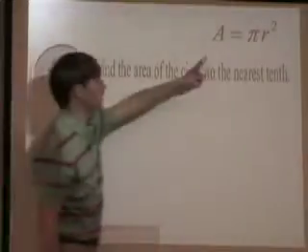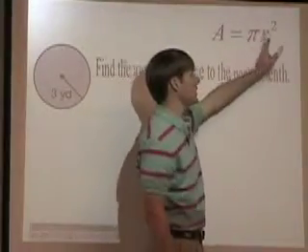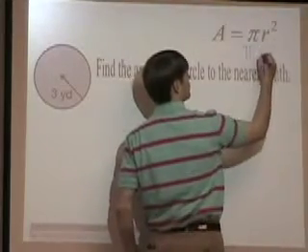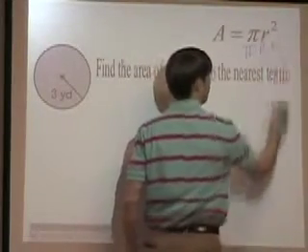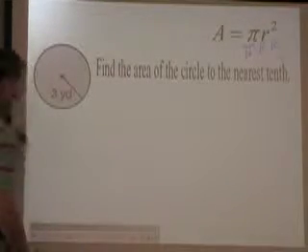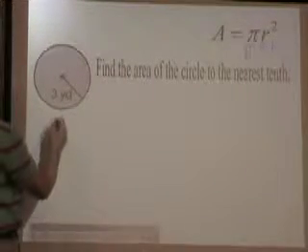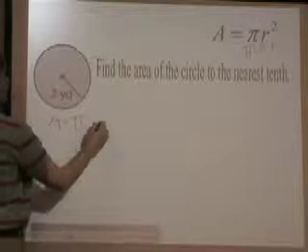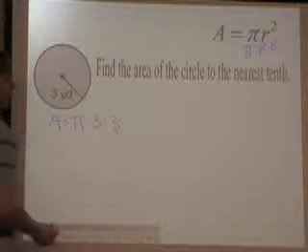So let's look at an example. Here's your formula. The area equals pi times r squared. Remember that means pi times the radius times the radius. So what's our radius? 3. So our area is going to equal pi times 3 times 3.